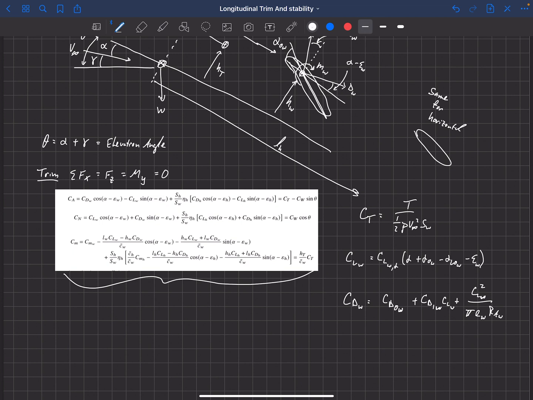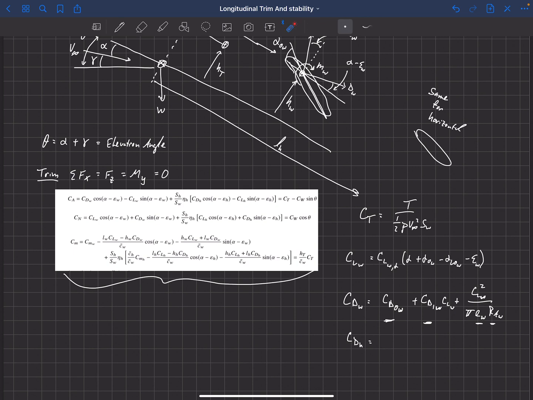Okay, so this is our general drag equation. And we would have the same thing for drag on the horizontal, right? A very similar equation where we've got some C_D naught, C_D1, and then an Oswald efficiency and aspect ratio of the horizontal. So that would feed into the drag on the horizontal.